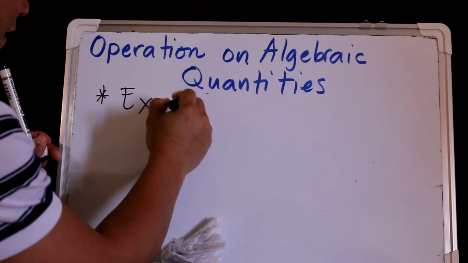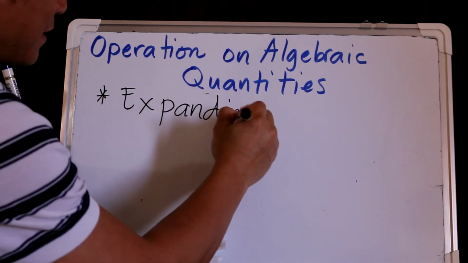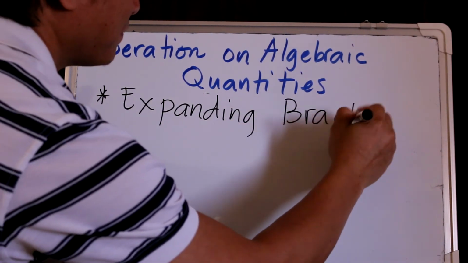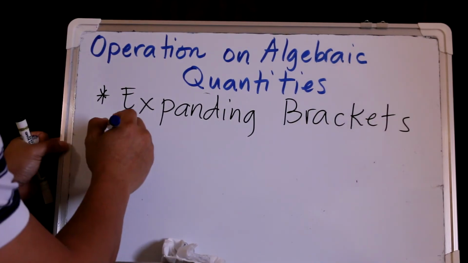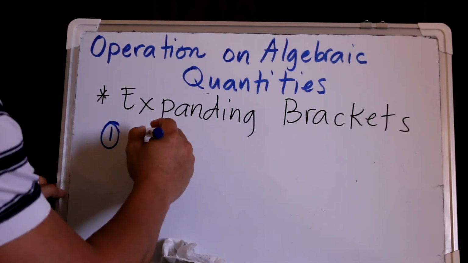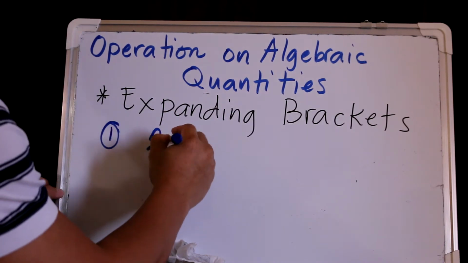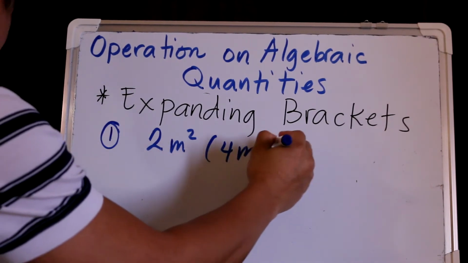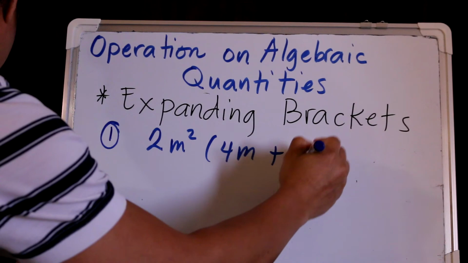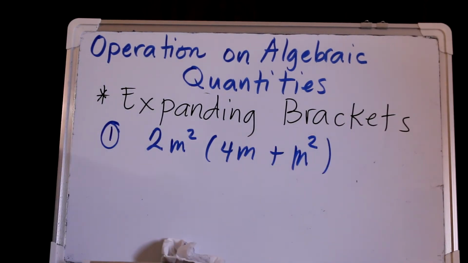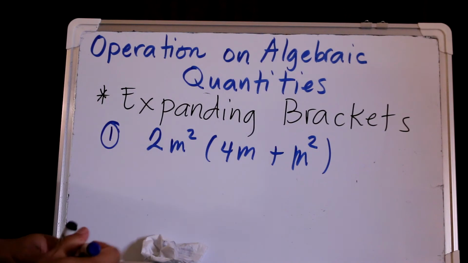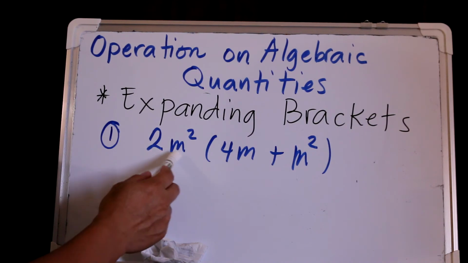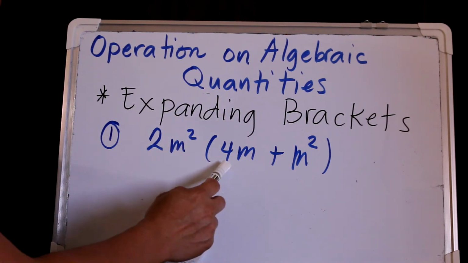So we have also expand or expanding. I'll just make it complete, not like the other one. So expanding brackets. For example, we have 2m squared times 4m plus m squared. Alright, so for this example, we have a coefficient of 2 on the m squared here, and then you have being multiplied.